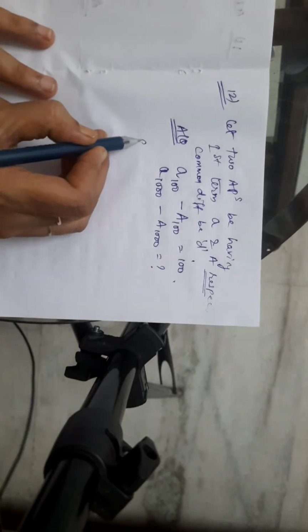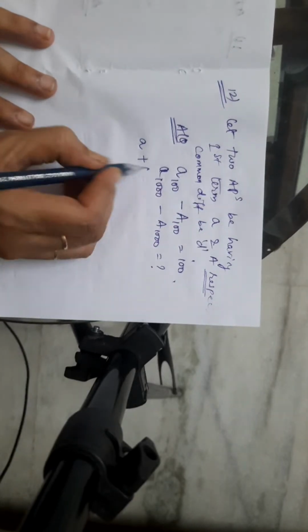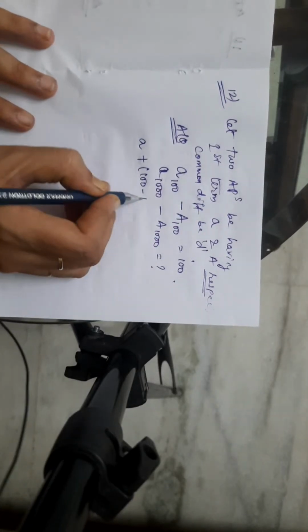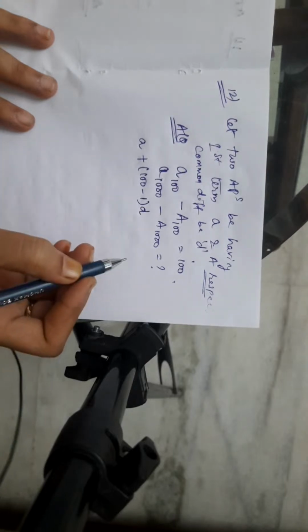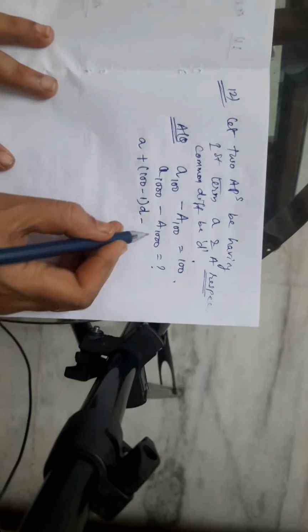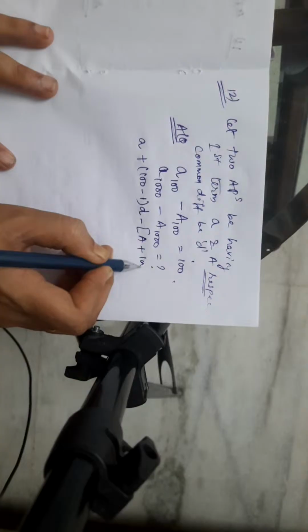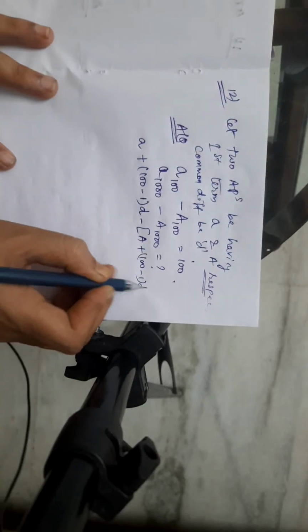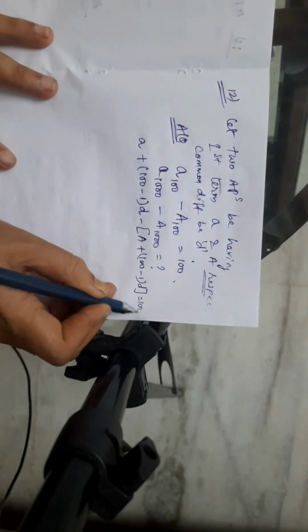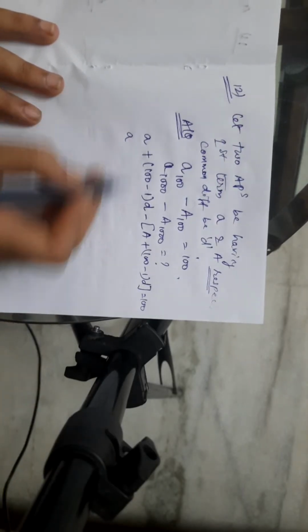For A100, the first term is small a plus 100 minus 1, with common difference D, that is n minus 1 D, minus capital A plus 100 minus 1 D, which is 100 as per the question. Now let's solve it.